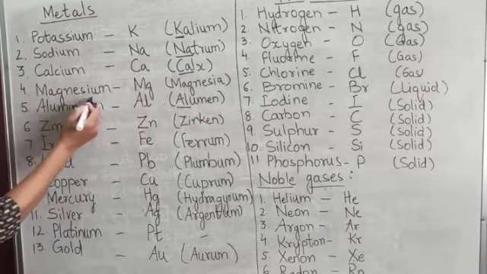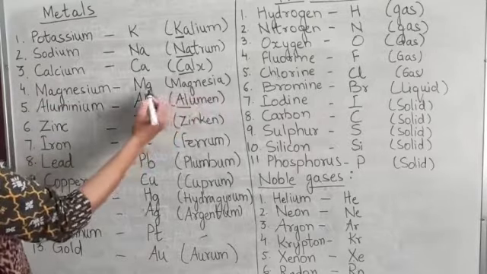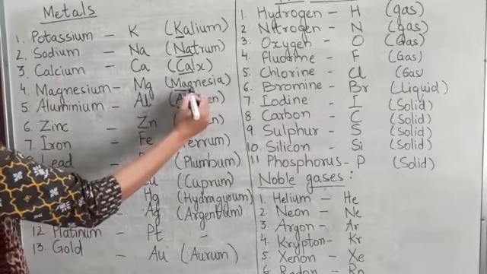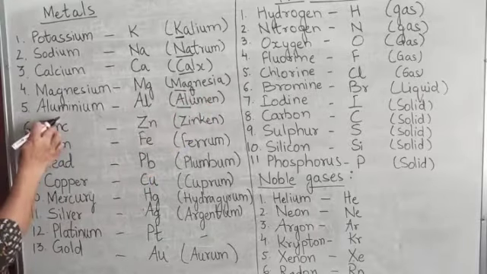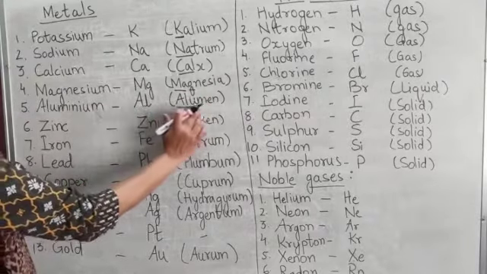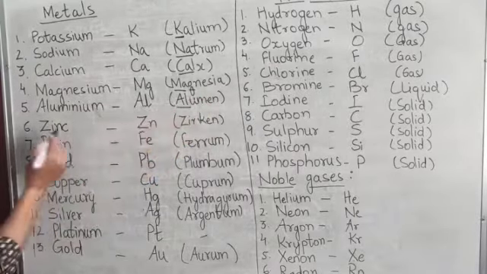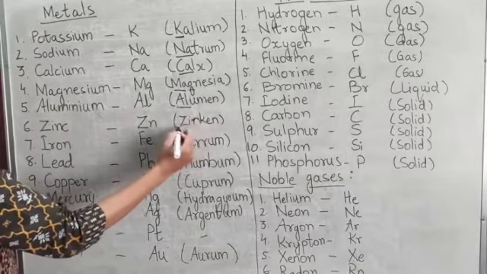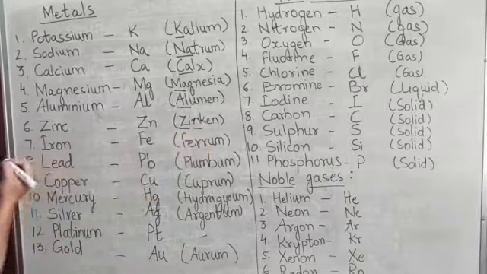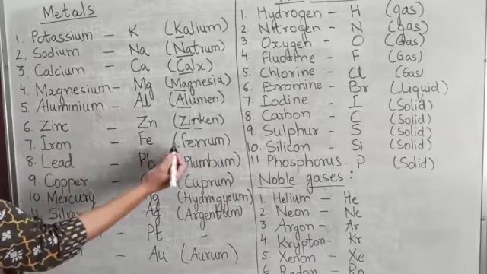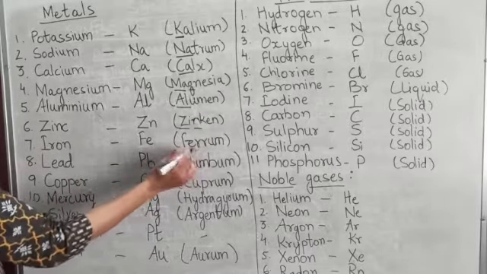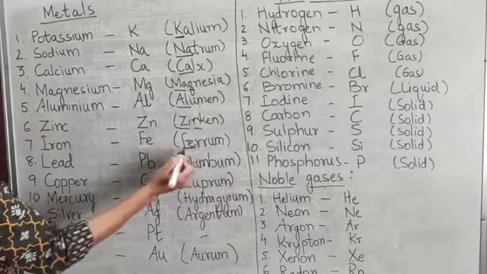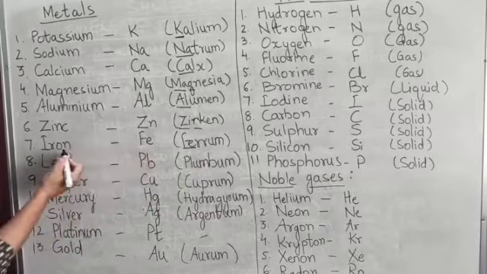Then magnesium, from magnesia, Mg. Then aluminium, from alumen, Al. Then zinc, from zinken, Zn. Then iron, whose Latin name is ferrum, and the symbol is Fe.